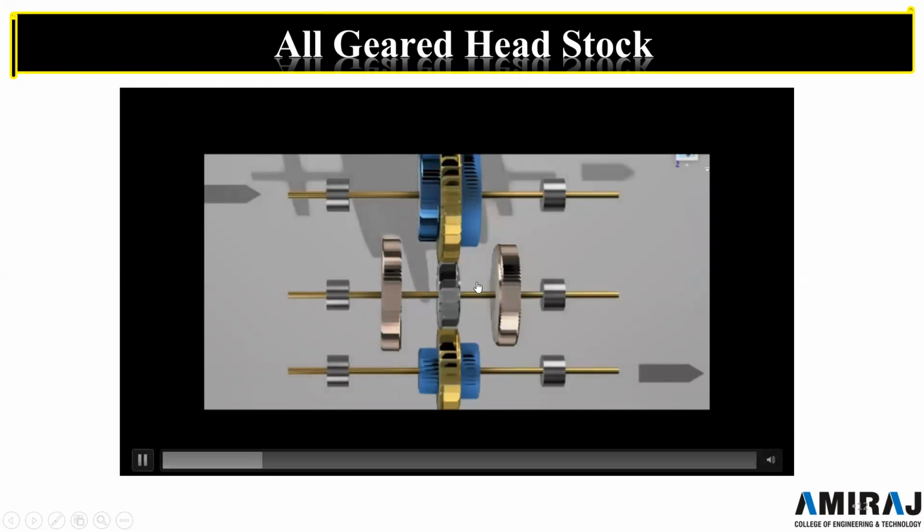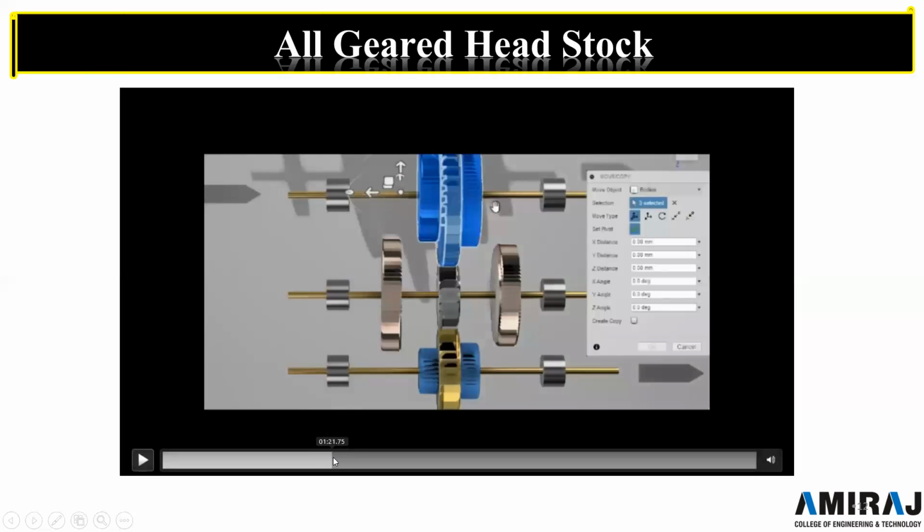But the spacing, these two are connected with this and these two are also connected with this, but these are fixed to this position and these three gears can slide and these three gears can slide. Okay, so they can slide like this.